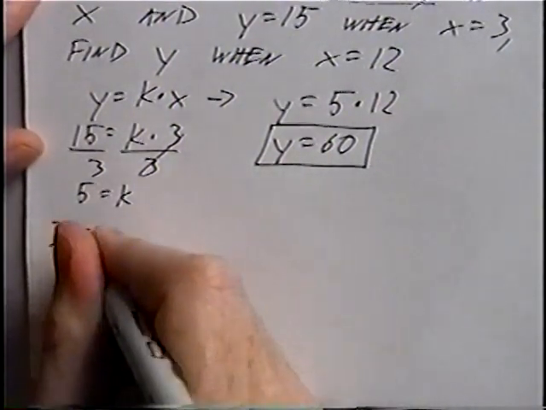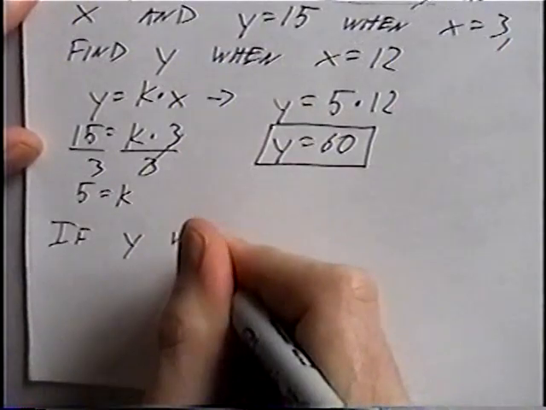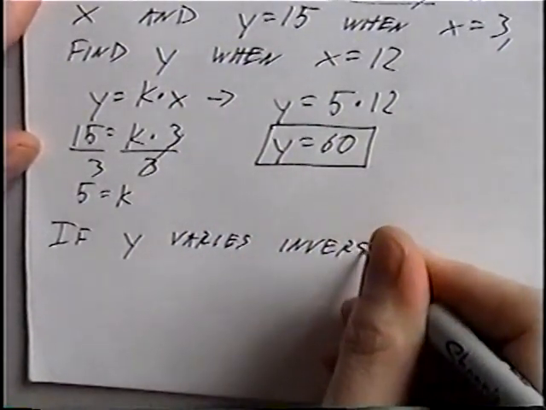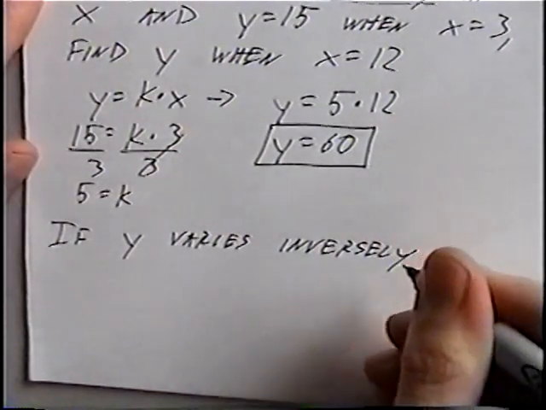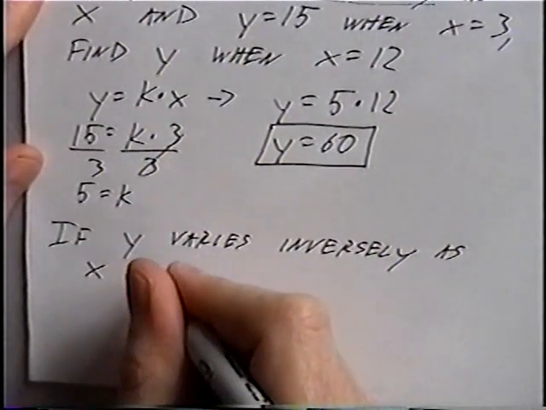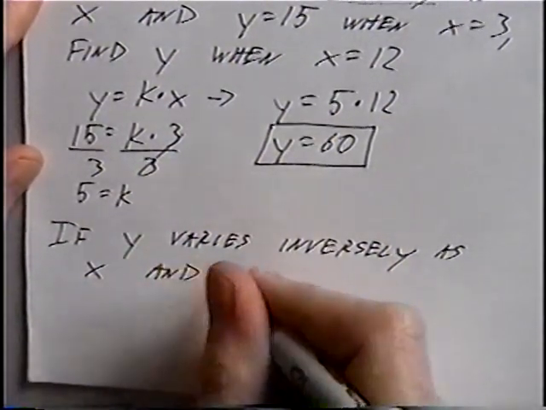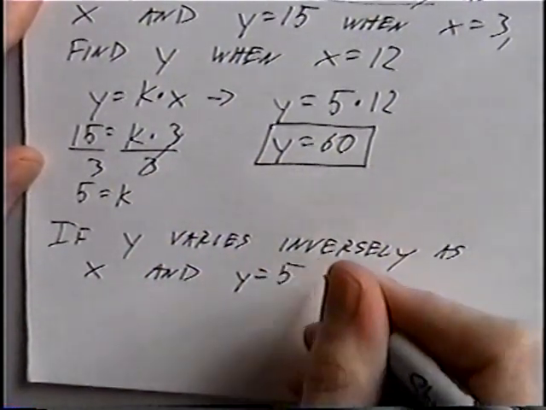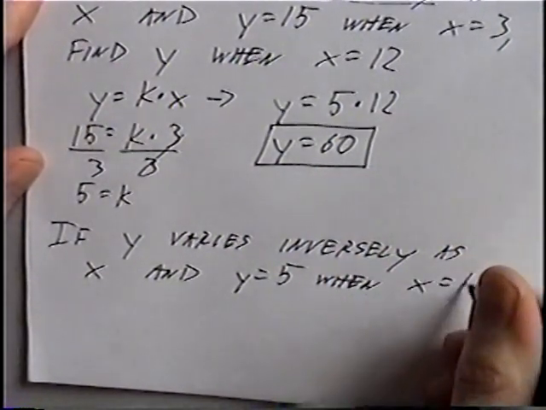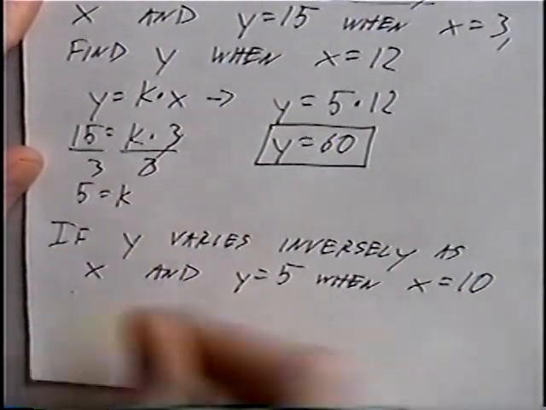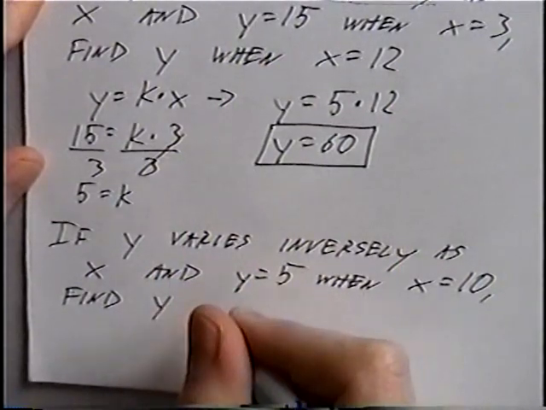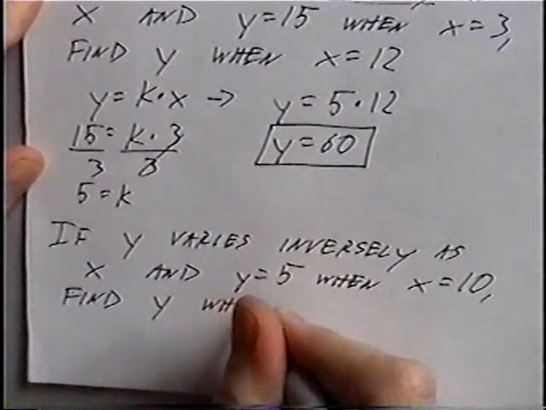Next problem, if y varies inversely as x, and y equals 5 when x equals 10, find y when x equals 2.